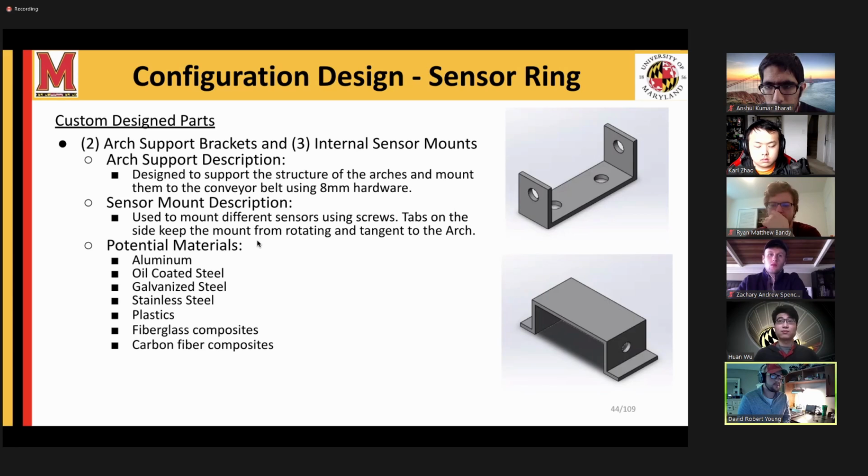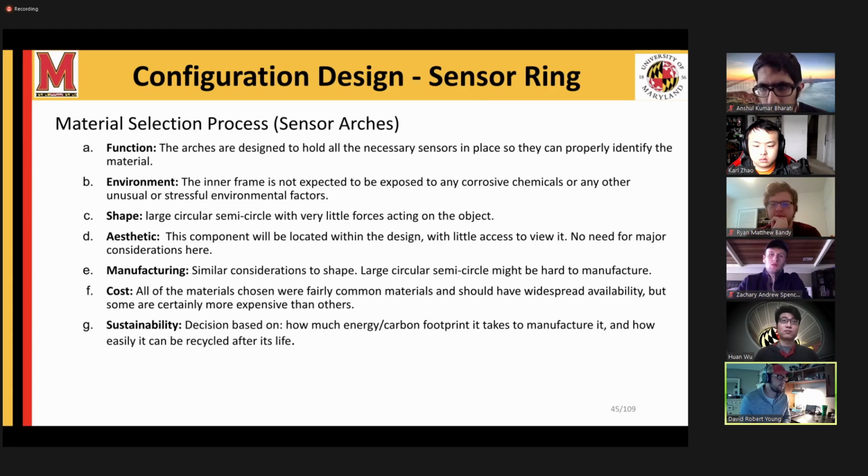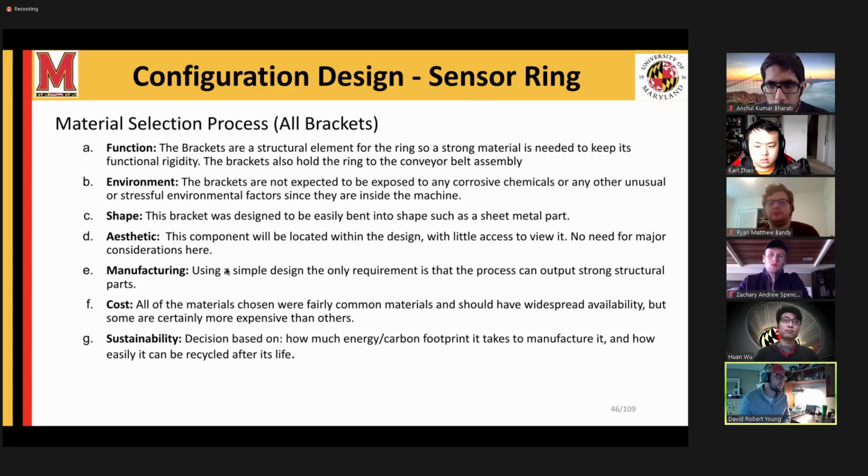The following list of materials are potential materials that could be used to make this product. This is the process we use for selecting the material for the sensor arches. The main consideration factor was its shape. This is the process we use for selecting the materials for the brackets. Its main deciding factors were manufacturability, strength, and shape.